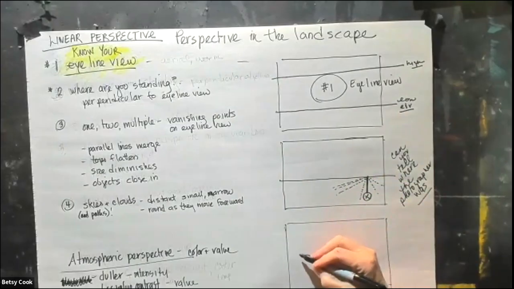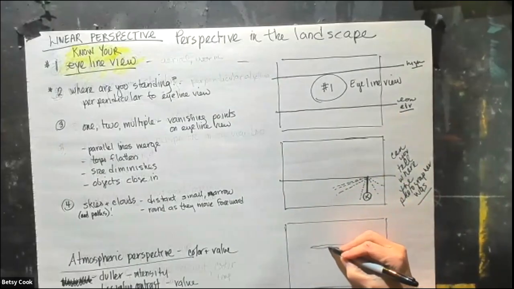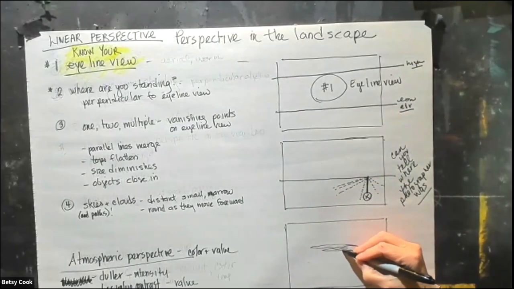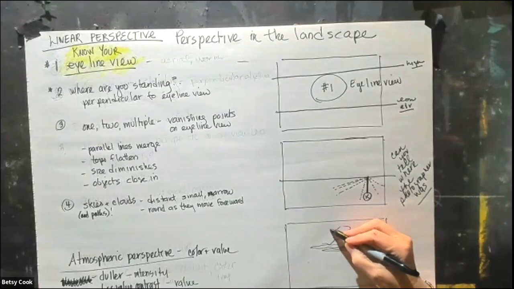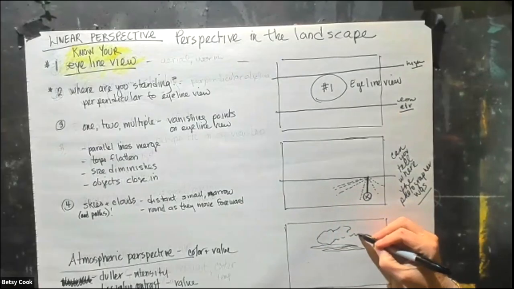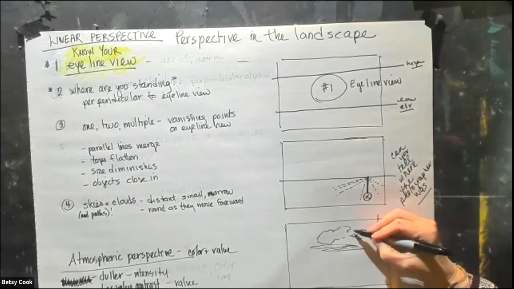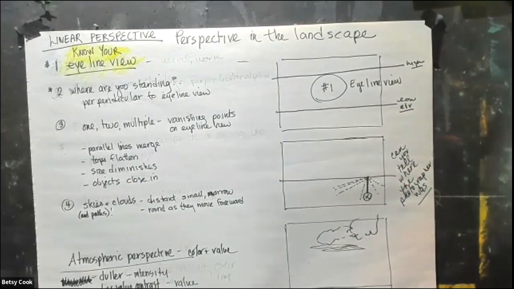Your clouds in the distance tend to be flatter. As they come closer, they get curvy, and when they get really close, they get really curvy. So you wind up with varying types of clouds. That's a lousy drawing, but hopefully it made sense.